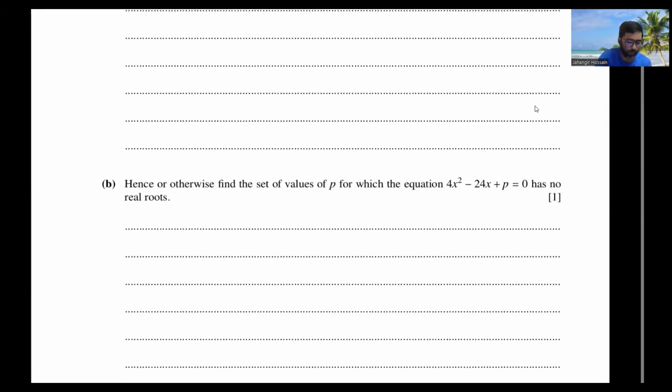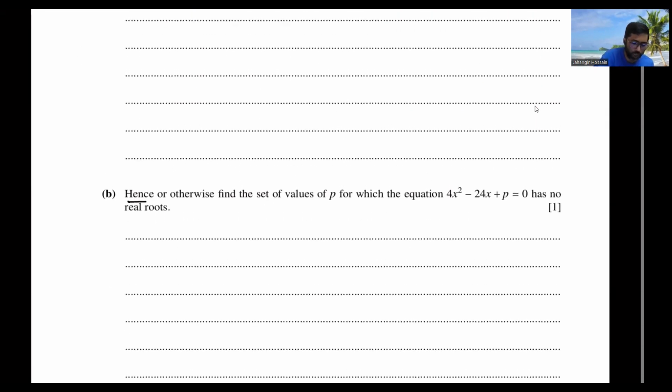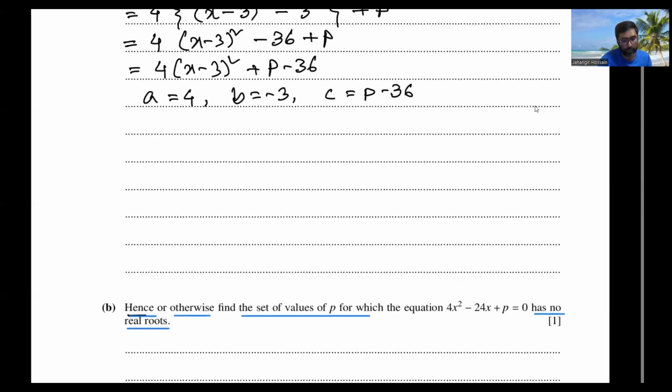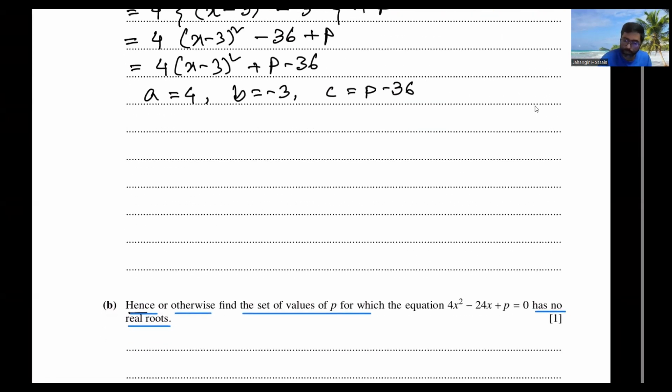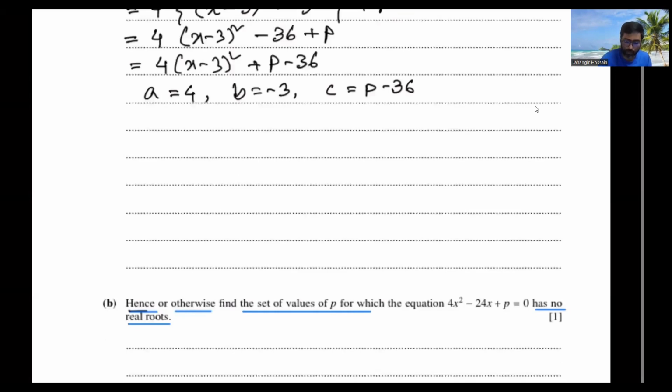In part B, you have to, hence or otherwise, find the set of values of p for which the equation has no real root. You can use the results from part A, or you can do it otherwise.